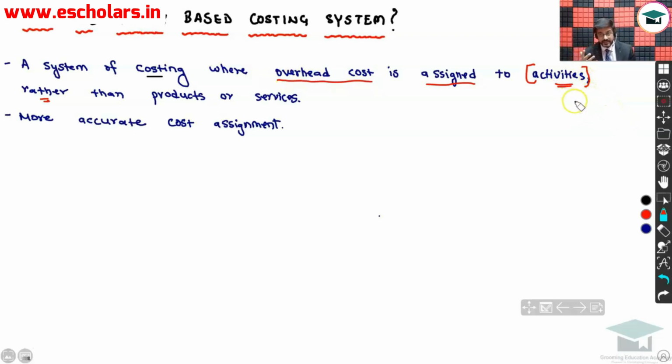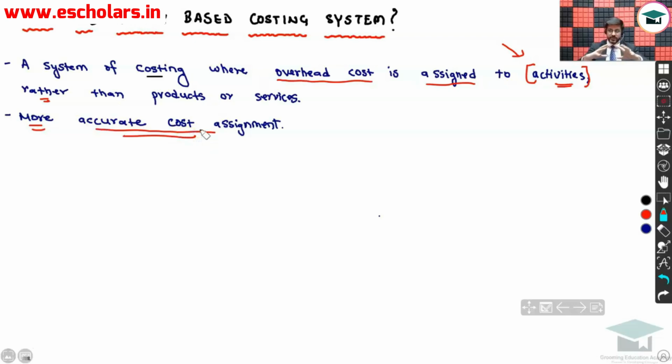What these activities are and why we are apportioning costs to them, we will discuss with a simple example. Right now just remember one thing: under the ABC system you assign overhead costs over the activities, and from those activities later on it ultimately has to go over the product or service, but first you have to apply it on the activities. This ABC system will give you more accurate cost assignment.